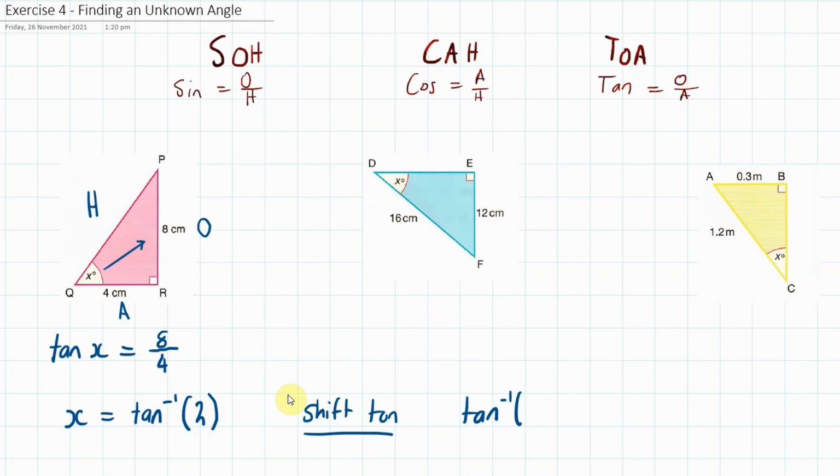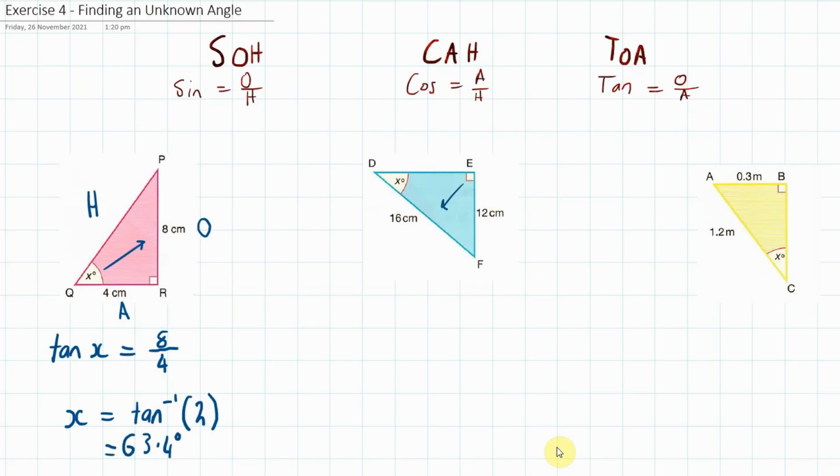Okay, and now all you need to do is put the 2 in, close the bracket, and you don't actually need to close the bracket, but you should get in the habit of it, because when we get to more complex things you'll need to do that. So shift tan, put the 2 in, close the bracket, you should get x is equal to 63.4 degrees.